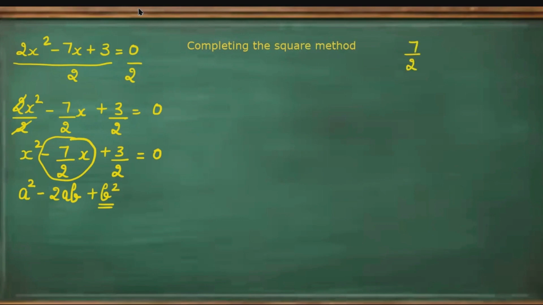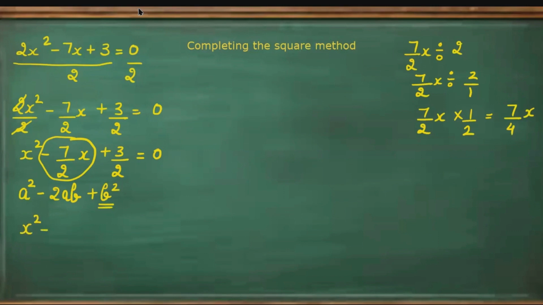So 7 by 2x divided by 2 can be written as 7 by 2x divided by 2 by 1, which is 7 by 2x into 1 by 2, equal to 7 by 4x. So we can write this equation as x square minus 2 into x into 7 by 4. That means a is x and b is 7 by 4.